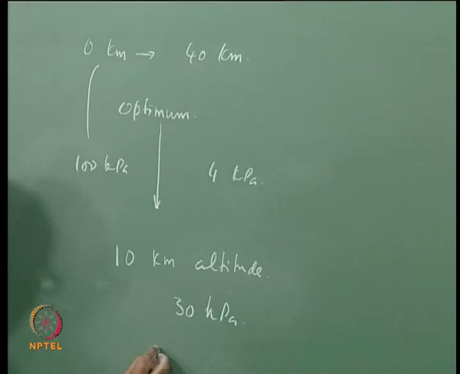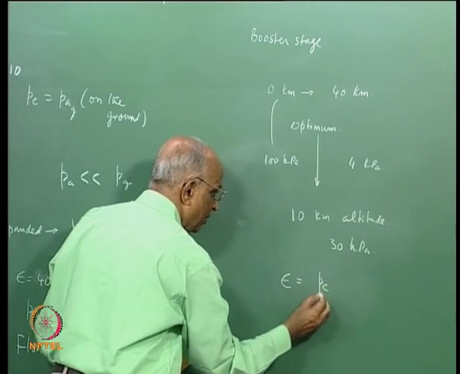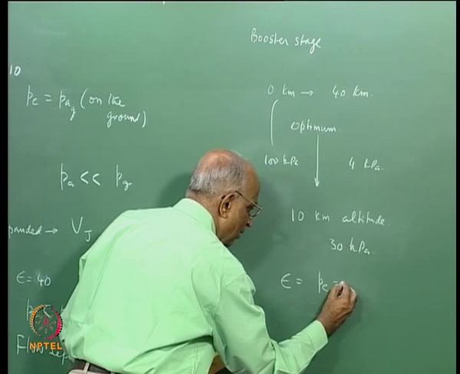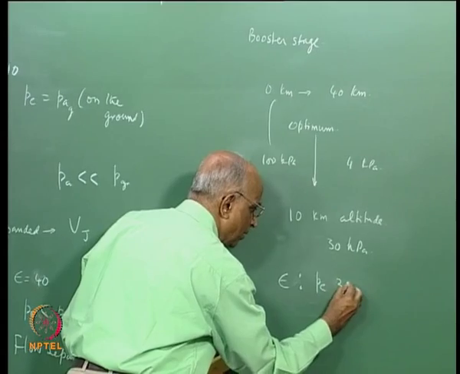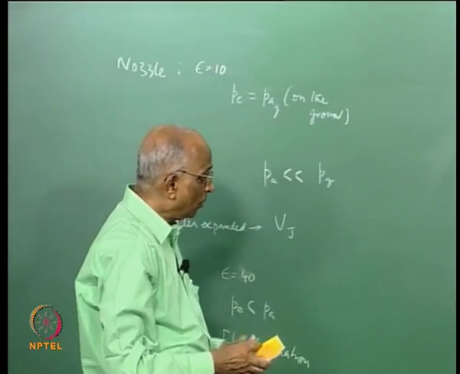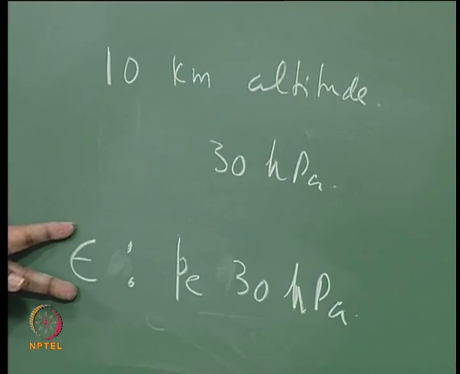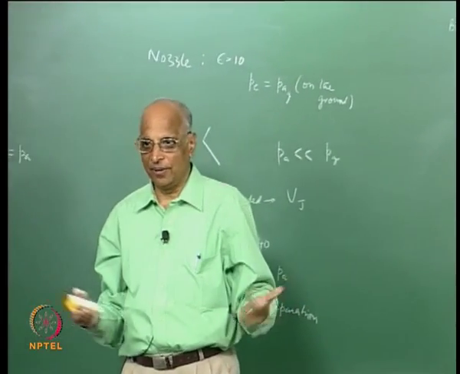That means my area ratio is such that the exit pressure of the nozzle gives me a value PE of 30 kPa. Now, this particular nozzle, when the rocket takes off, what will happen? Is it over expanded, under expanded?